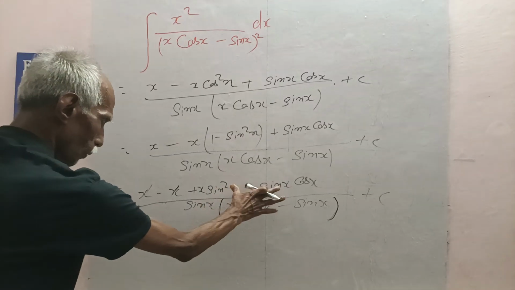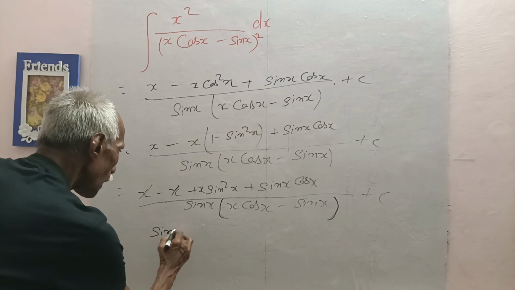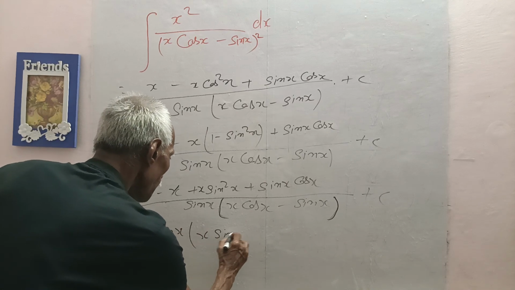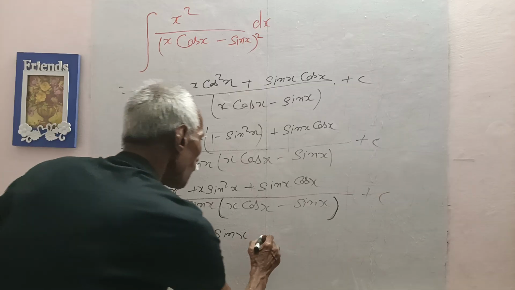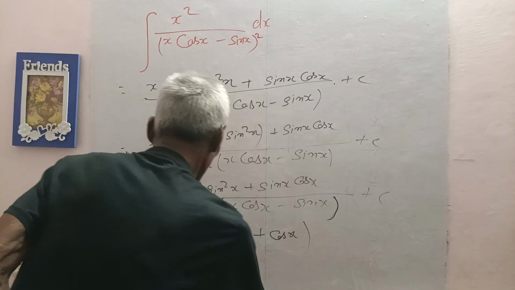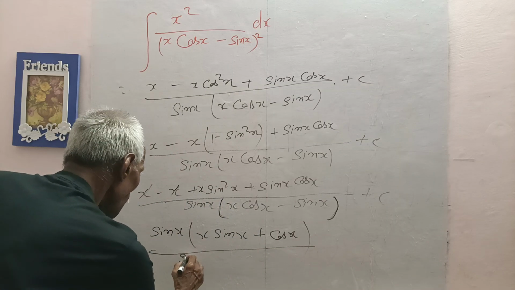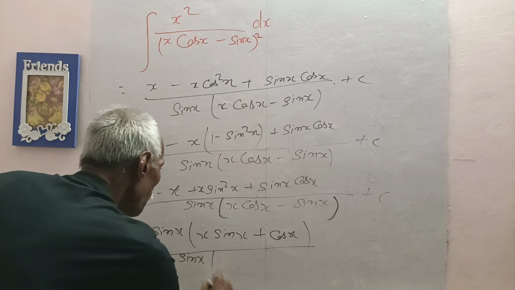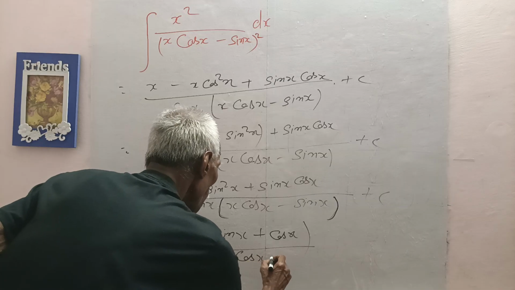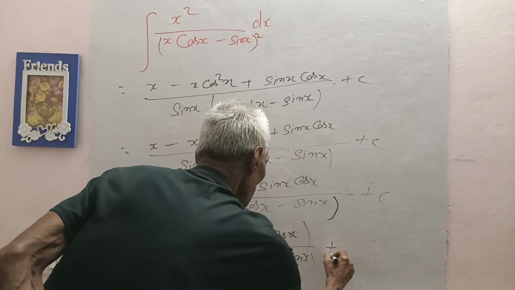Now take sin x common from these two terms. Sin x, x sin x, the remaining part x sin x plus cos x by sin x into x cos x minus sin x plus c.